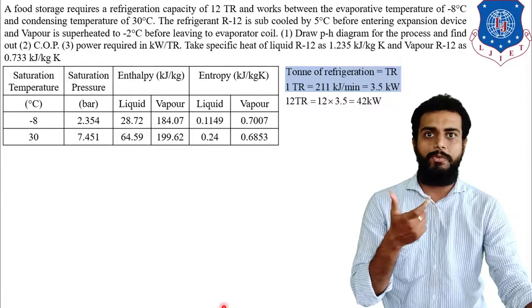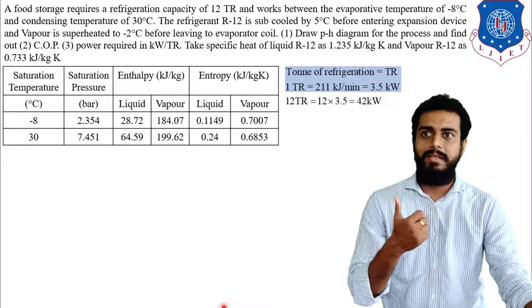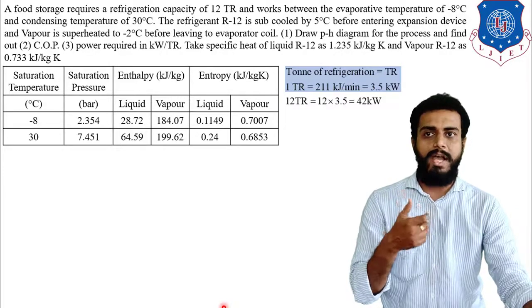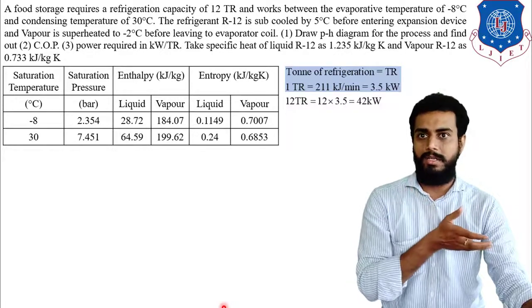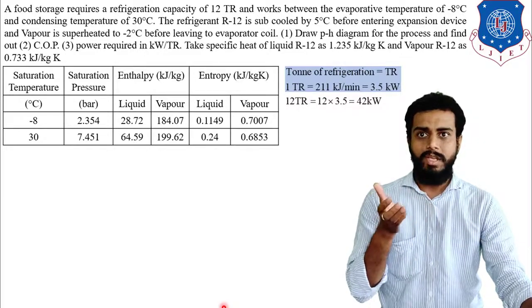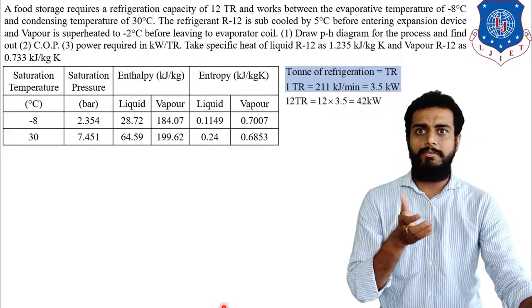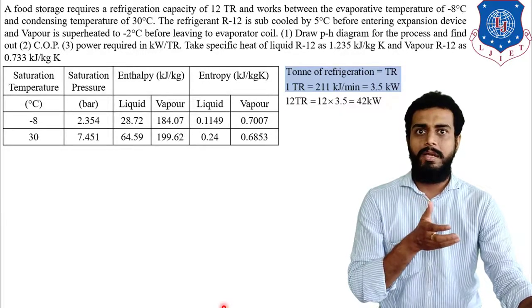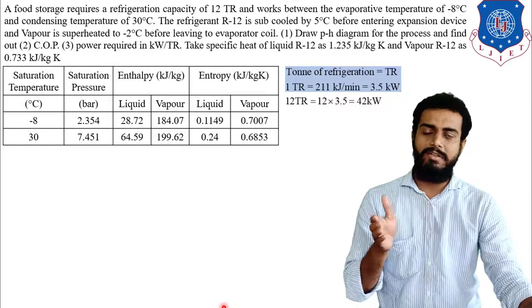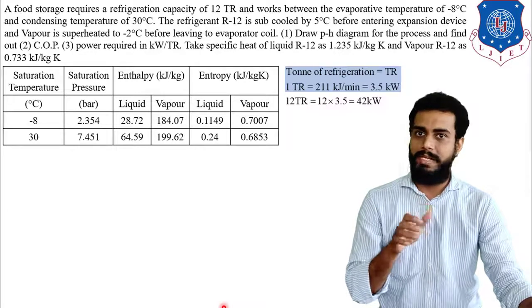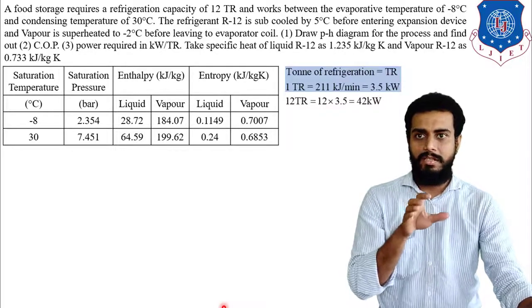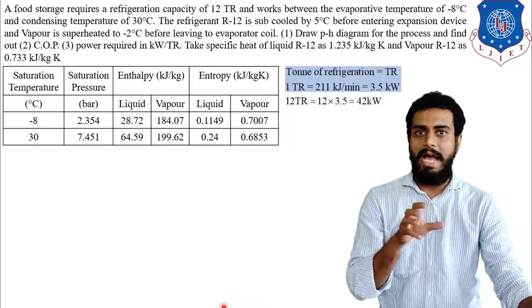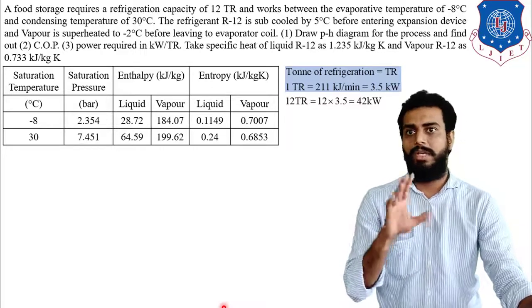Draw the pH diagram for the process and find COP and power required in kilowatt per ton of refrigeration, and take specific heat of liquid R12 as 1.235 kilojoule per kg Kelvin and vapor R12 as 0.733 kilojoule per kg Kelvin respectively. Students, the required data or the R12 property table is given over here.